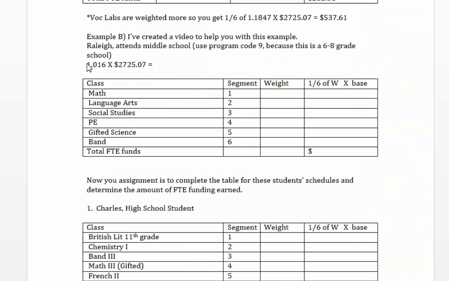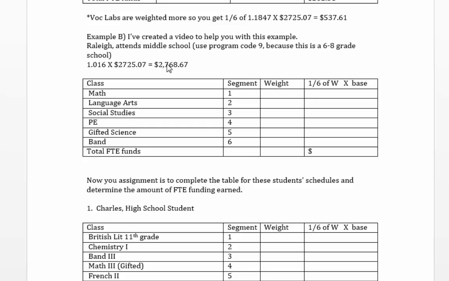So I take the weight of that B program code for this middle school student. I take the 1.016 times the base amount, which is what is funded in 2012 or 13. It was 2725.04, and I'm going to multiply that and come up with how much that weight would be.